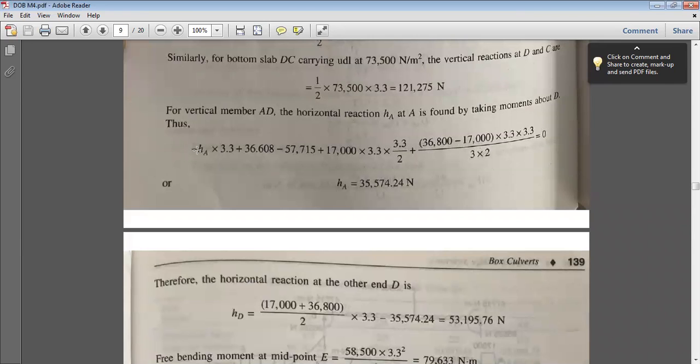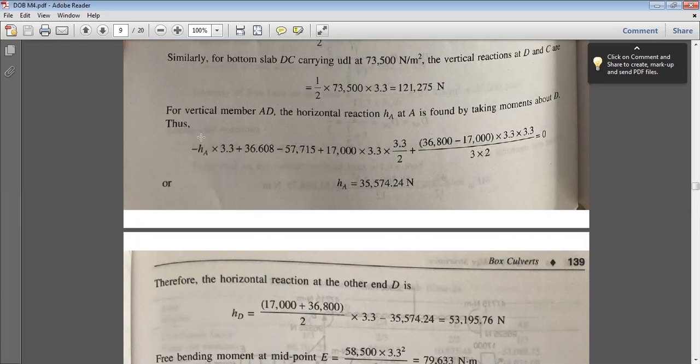Consider the reaction at A, that is HA into the perpendicular distance 3.3, plus the moments at every junction: 36,608 minus anti-clockwise 57,715 plus 17,000. Like that, write down the equilibrium equation. Summation of moment is equal to 0. So the moment due to the HA reaction is HA into the perpendicular distance 3.3.